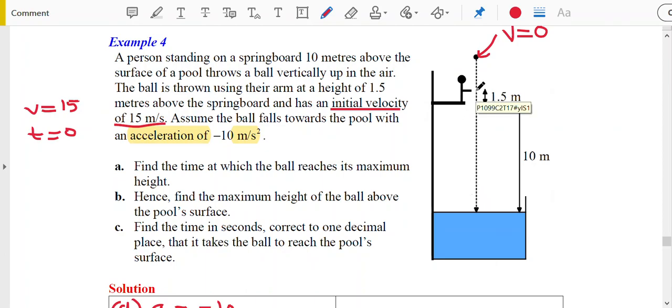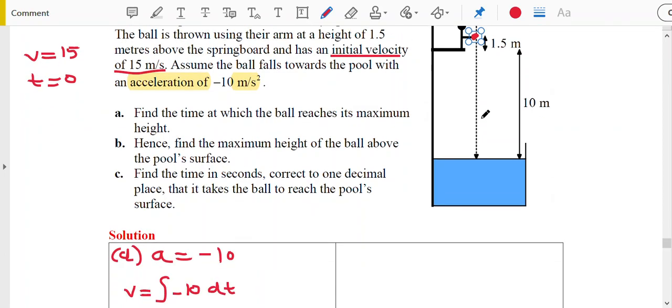I'm putting a little red dot there. There's the ball right at the start. So how high above the pool surface is that? It's 1.5 plus 10. So the total distance that the ball is above the pool surface in the beginning is 11.5 meters.